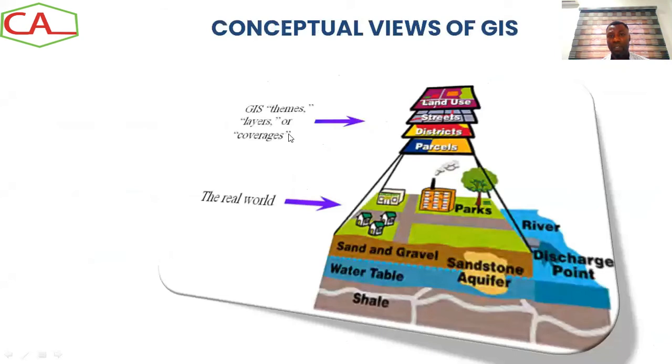The concept of GIS is based on data layering, data integration, and coverages. This is just what it looks like in a conceptual view. So when you're talking about GIS, look at this land use, the streets and the district parcels. All can be integrated together, being superimposed on the land.